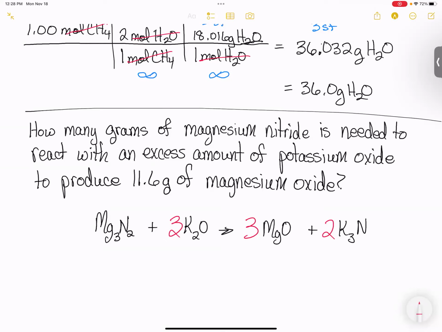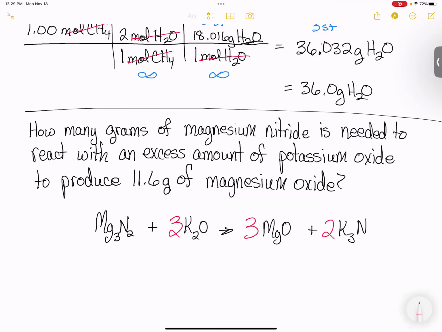Now on a test, I'm trying to be nice, and that is, you will have balancing separate from conversions. But on the homework, you may not have balancing separate from conversions.